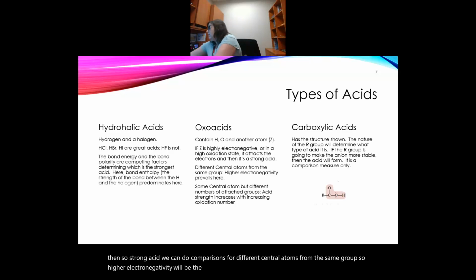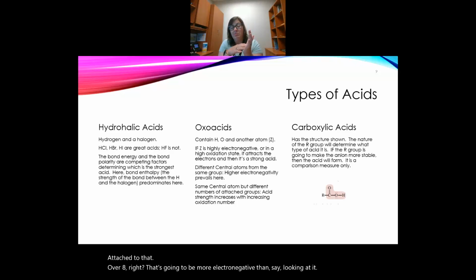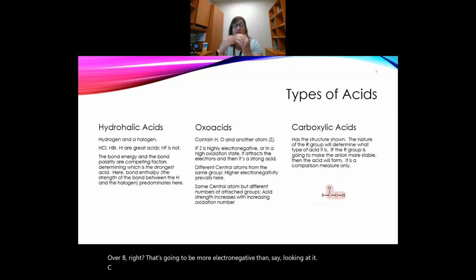So again, if we're looking at our halogens, let's just say that rather than a CH3 group, we had a CCl3 attached to that OH, right? That's going to be more electronegative than, say, looking at an OHCBr3, because the Cl is more electronegative and therefore it's a better acid.